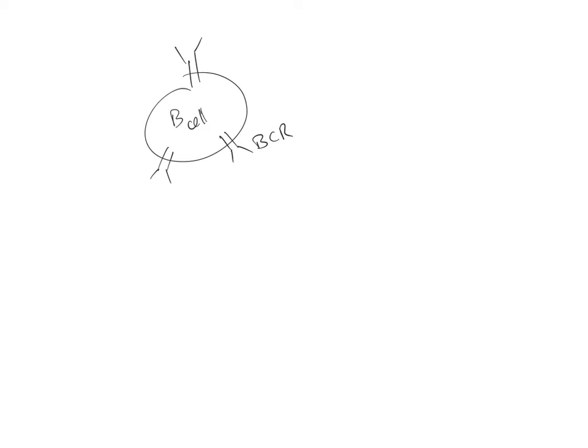All of the B cell receptors on a single B cell are the same because they have the same genes, so they did the same rearrangement. So all 3 of these receptors that I've just drawn are identical, but they're different than B cell 2 over here. So he has a different receptor.